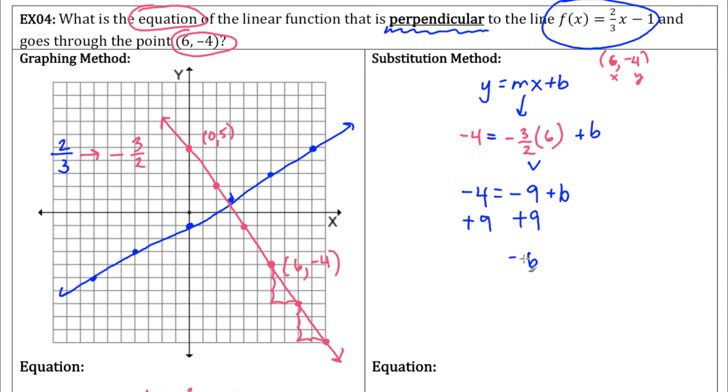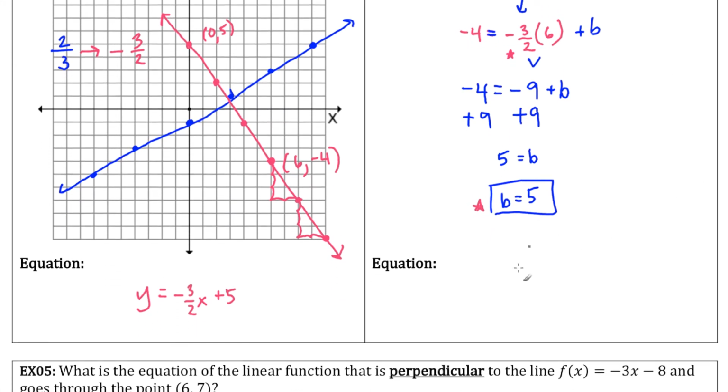So b equals negative 4 plus 9. 9 minus 4 is positive 5. So b equals 5. Remember that this is my new slope and this is the y-intercept. So y equals negative 3 over 2x plus 5 because it's positive. All right, one more.